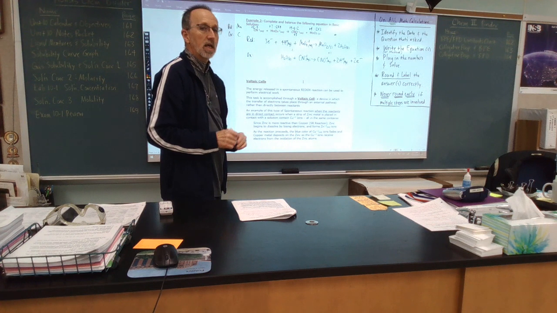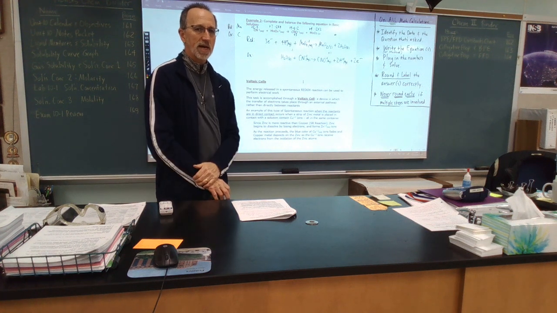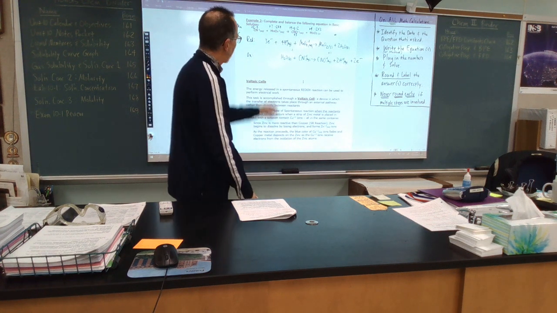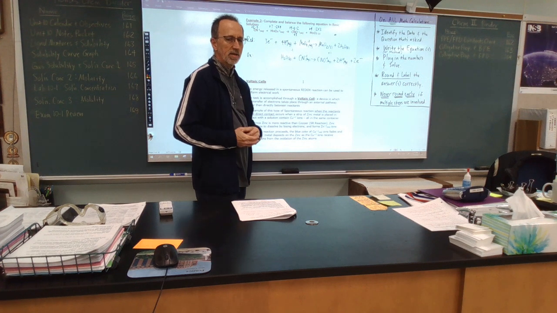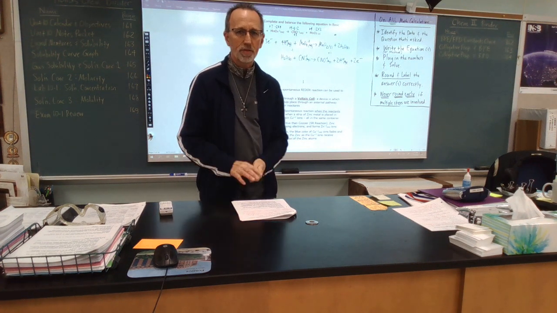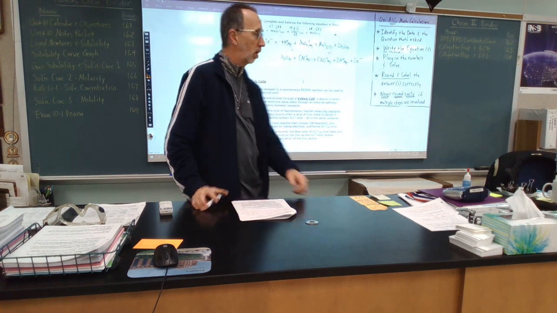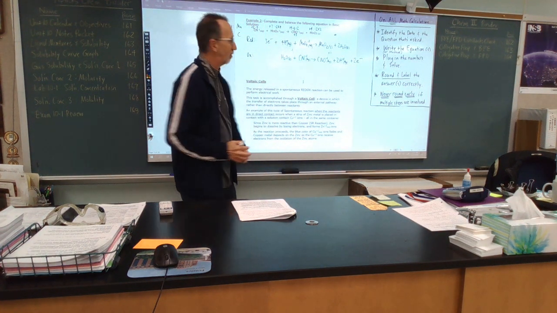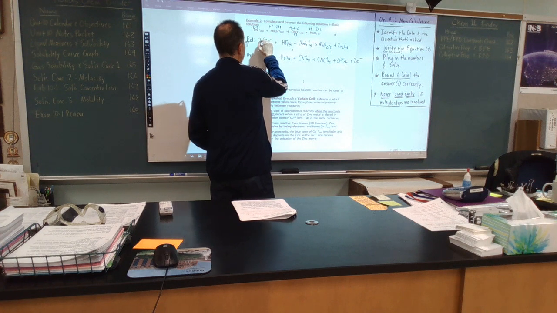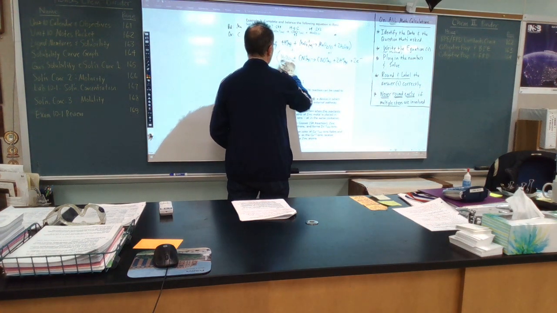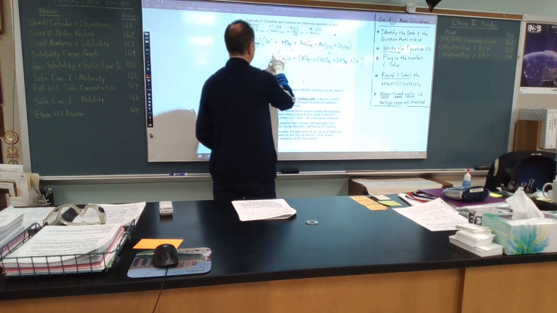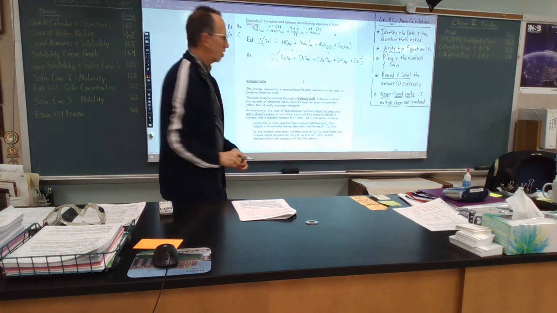Now, next, the electron transfer must be equal, right? Here it is not. So we need to multiply one or both half reactions by an integer so that they are equal. Well, we're going to have to multiply both of them. The top one by 2, the bottom one by 3. So let me distribute those.